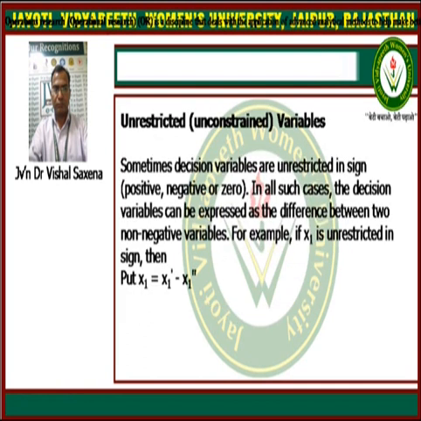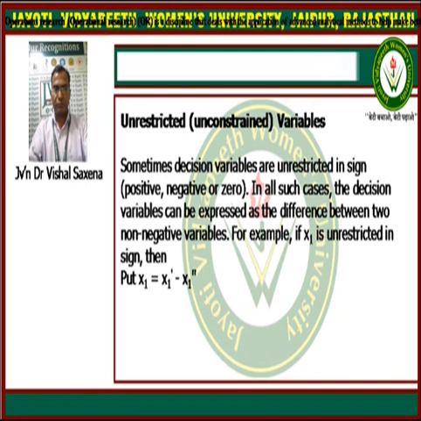So first we see the condition of unrestricted variables or the unconstrained variables. Sometimes decision variables are unrestricted in sign, that means maybe positive, negative or 0. In all such cases, the decision variables can be expressed as the difference between two non-negative variables.